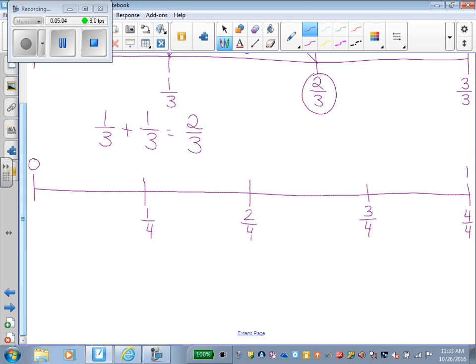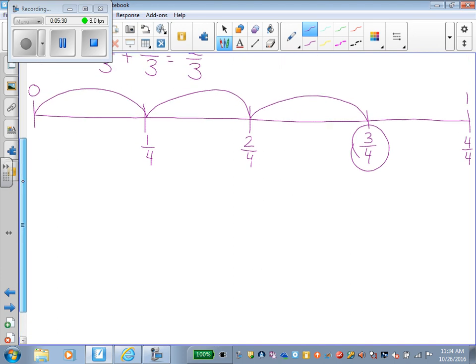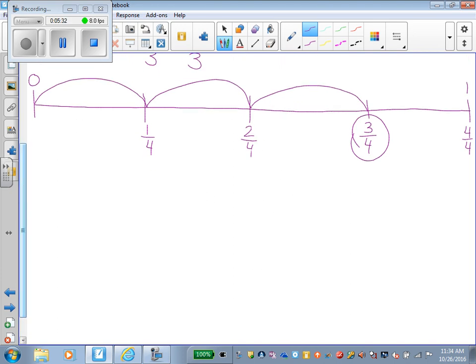Watch carefully. All right, what addition equation can I show with what I just did here, what I am modeling?